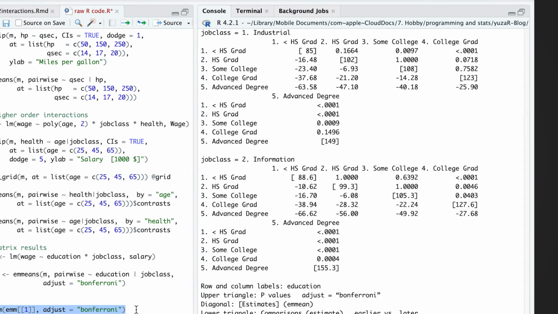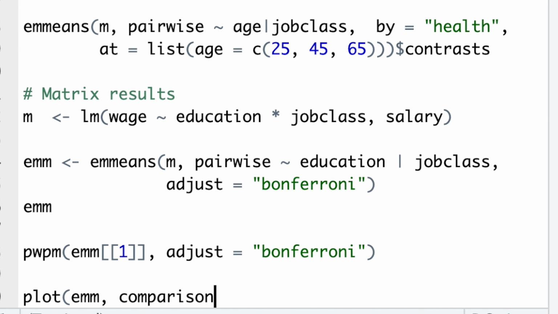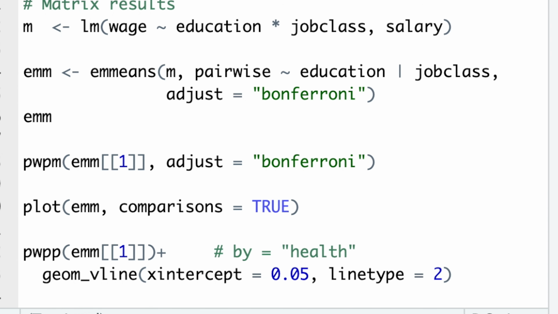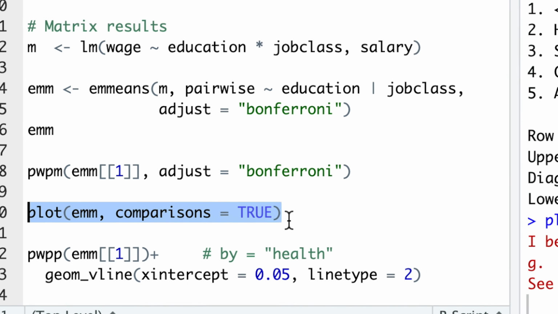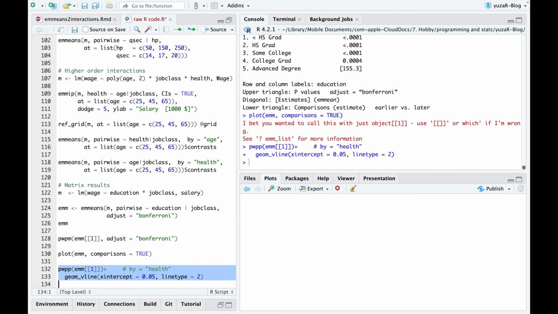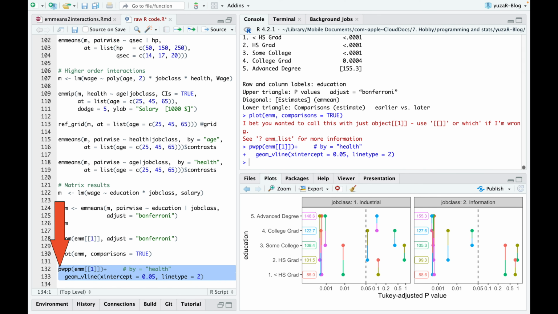You get the idea. And since one picture is worth 1,000 words, the second effective way to present a lot of results is to actually visualize them, where we first visualize the estimates with contrasts using this simple plot command and the argument comparisons equals true, and then plot all the p-values using the pairwise p-value plot.